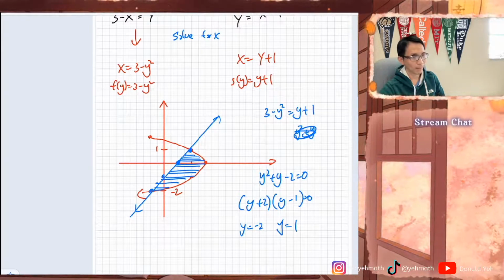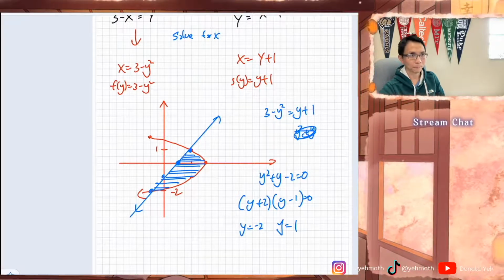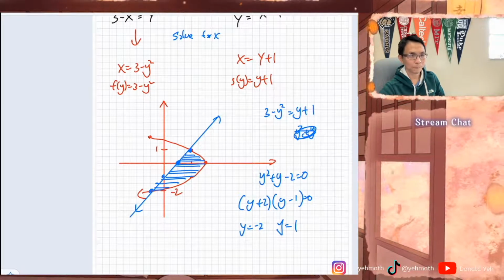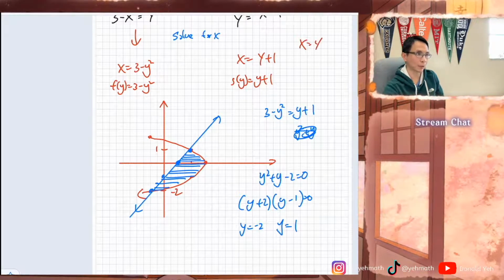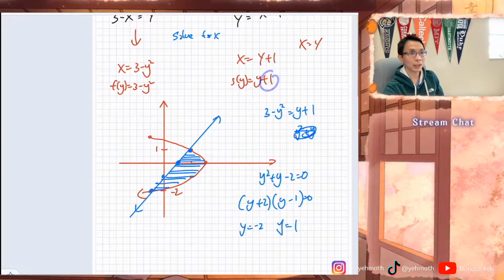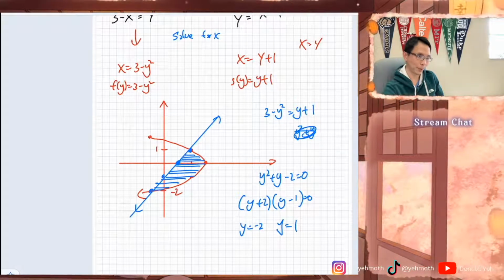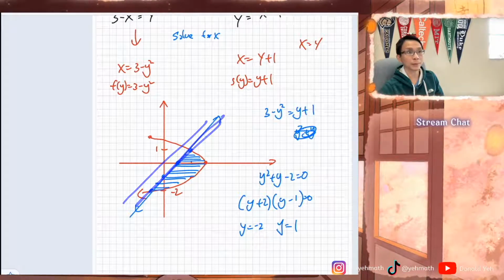Wait, can you explain the y plus 1 graph to me real quick? Because my brain is tripping out. Okay, so think about x equal to y. We know how to graph y equal to x, right? But we add 1 to the y perspective, so it's going to go from here to here.